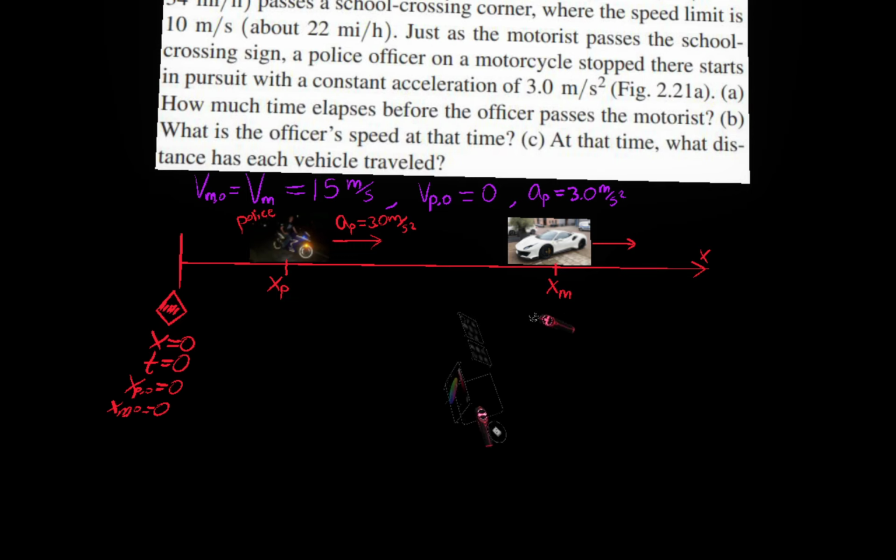Let's color code some things here. If we're talking about acceleration, let's talk about it using pink. So the acceleration, A, of the policeman is 3.0 meters per second squared. And his velocity is constantly changing because of that.